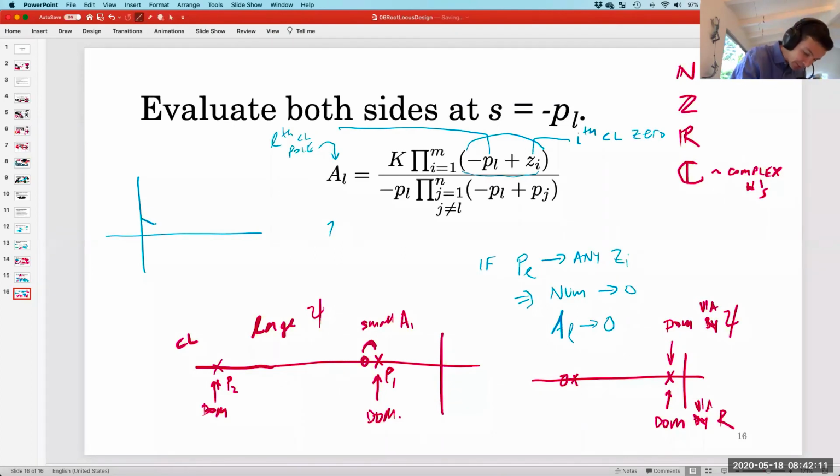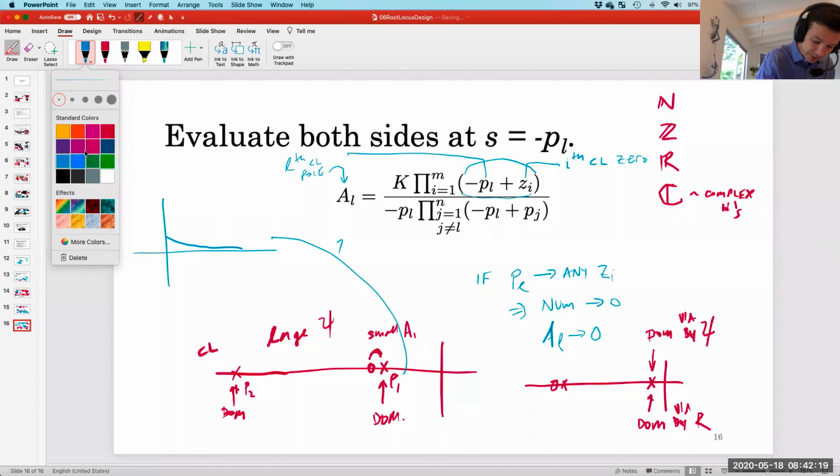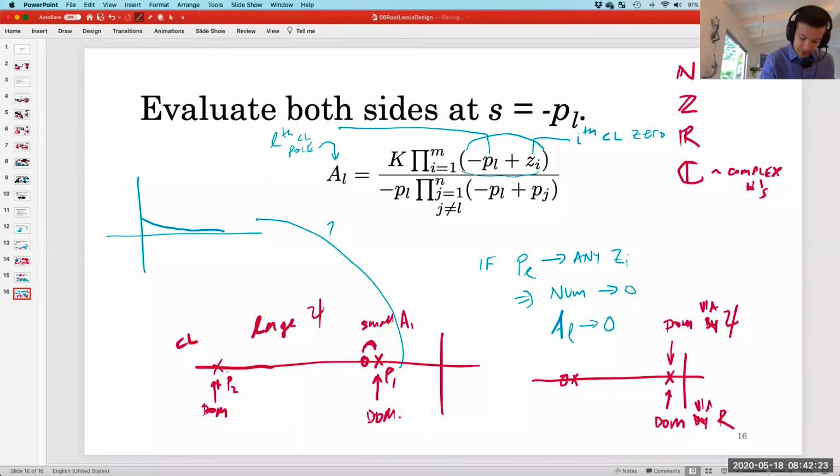So we'd have something that looked like that. And in another color, this pole has a very fast decaying mode, but its residue would be larger.